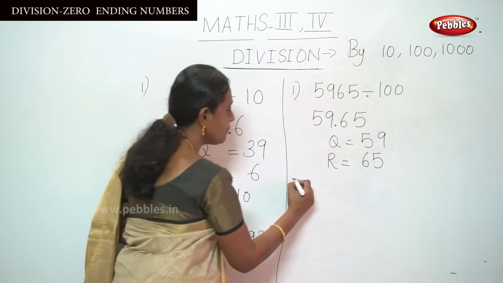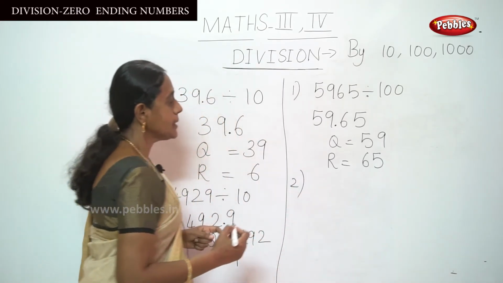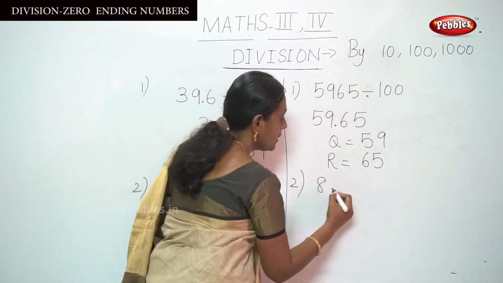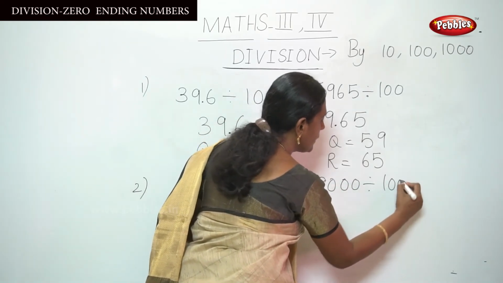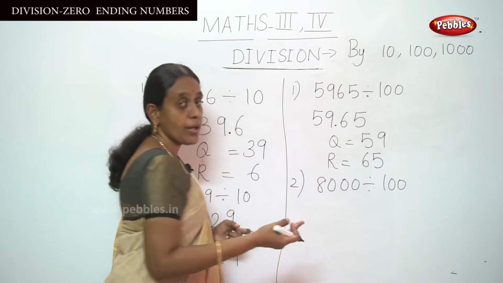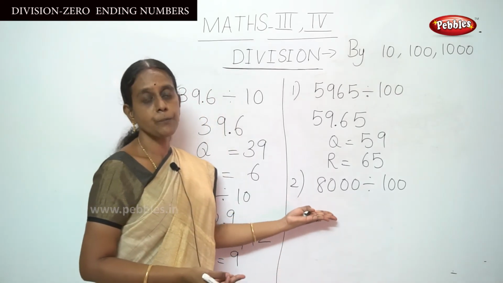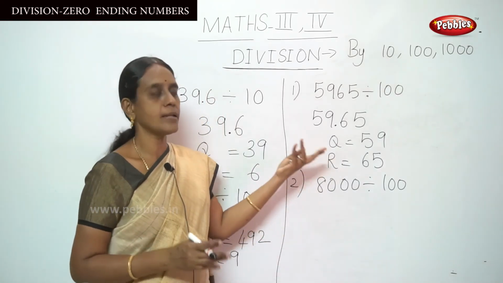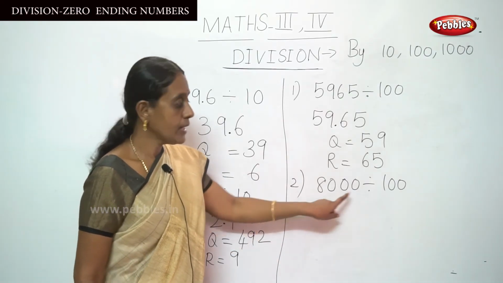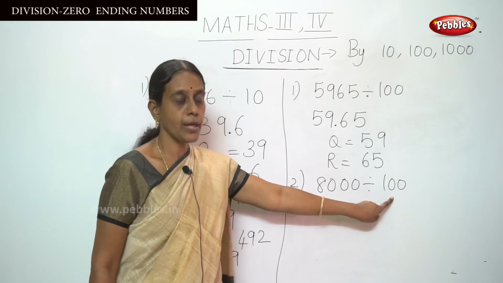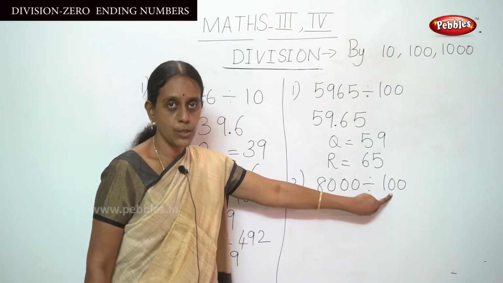And one more example for your children: 8,000 divided by 100. Even if the dividend ends in zeros, you can use the same method and find the answer. This is the dividend and this is the divisor. Calculate the number of zeros here.